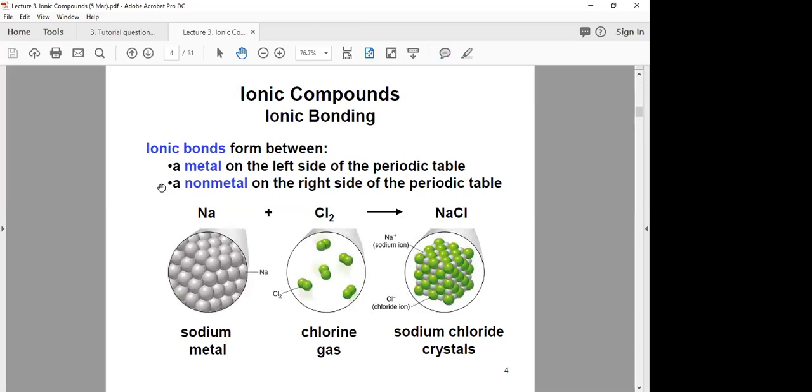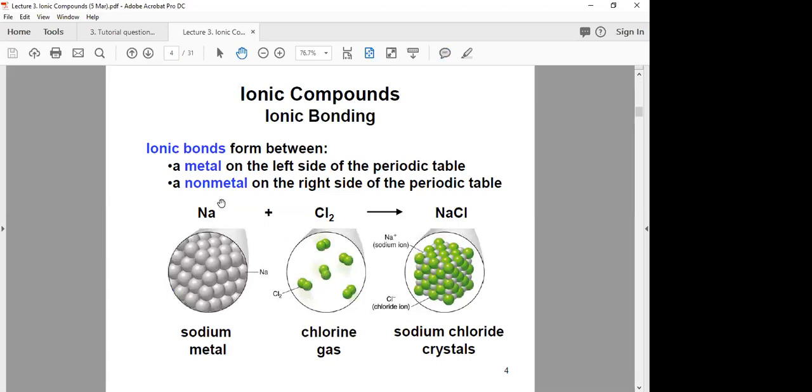So let's take a look here at this example. So here we have sodium, Na, which is a metal, and we have chlorine, which is a non-metal. This is how you would normally find chlorine, as two atoms joined together.